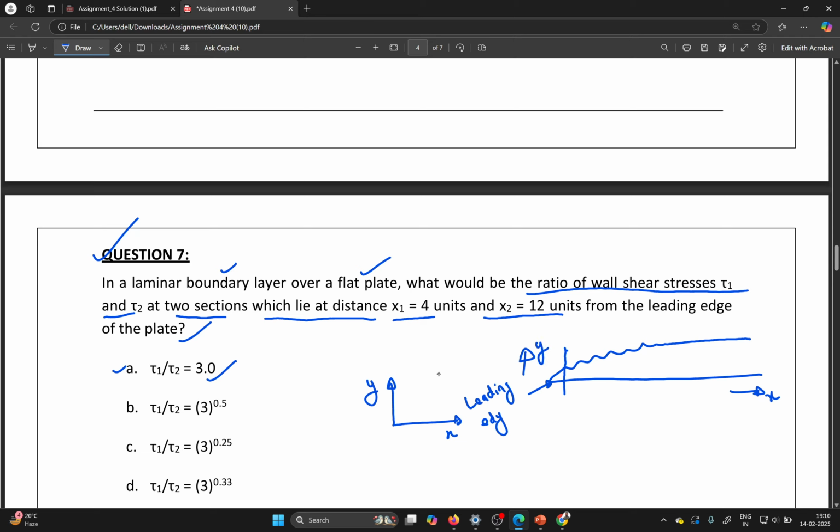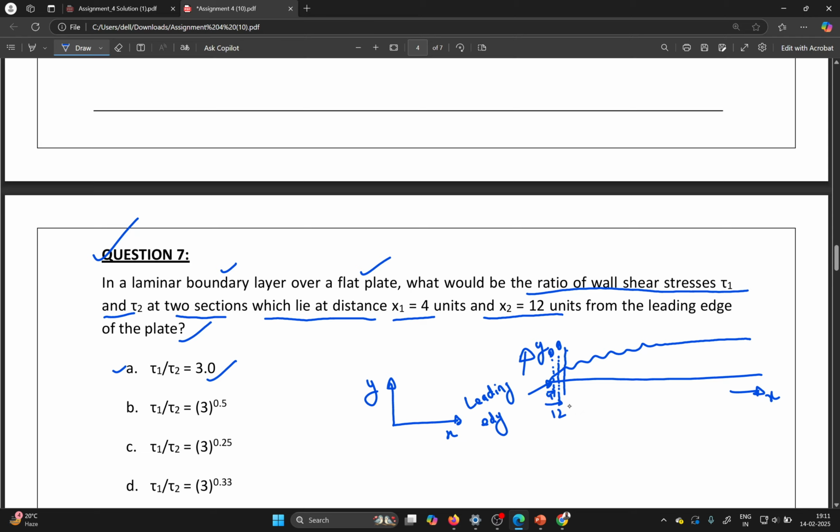You have two sections, one section here and another section here. The distance from the leading edge for section 1 is 4 and for section 2 is 12, and this distance is 4.